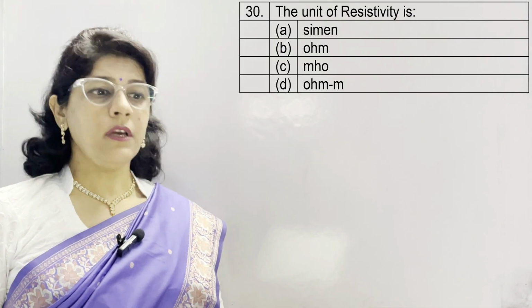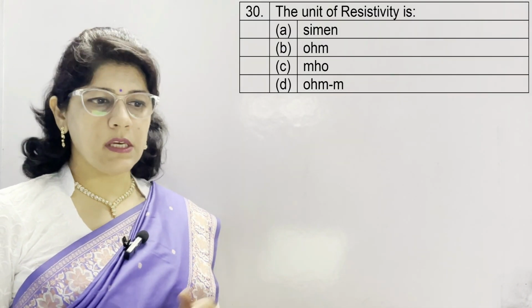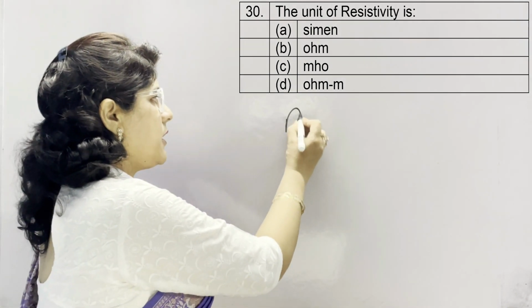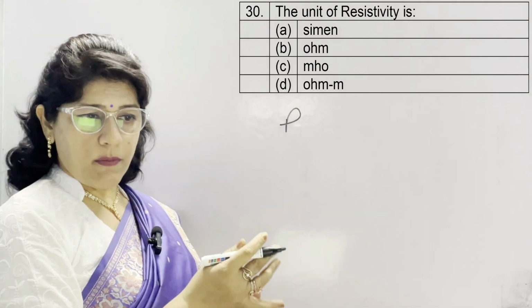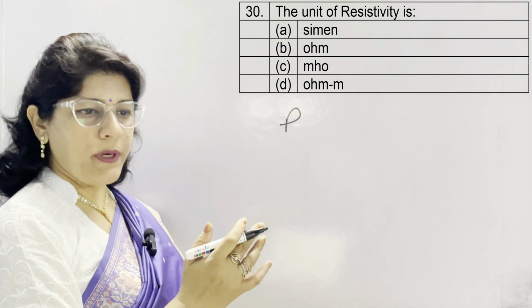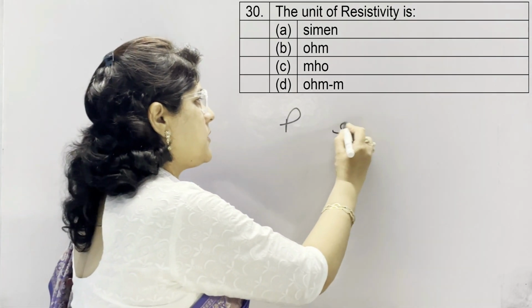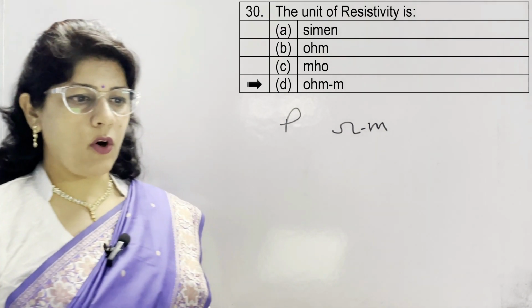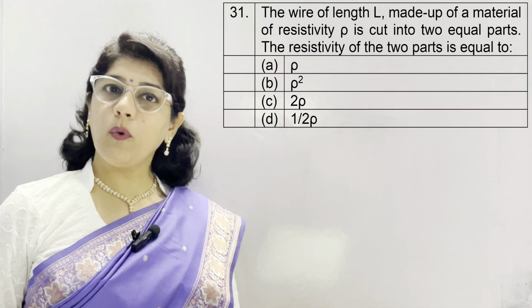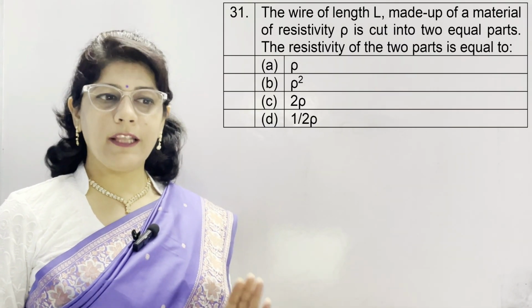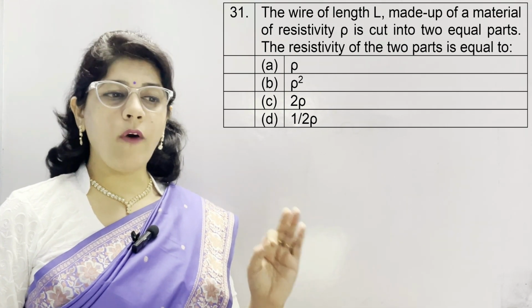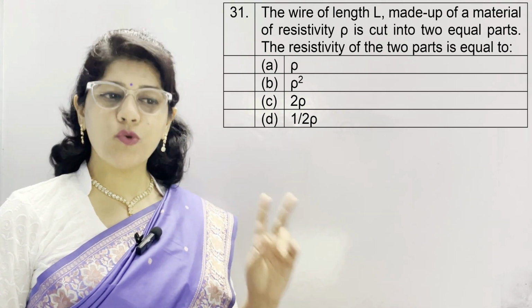In question number 30, the unit of resistivity is, it means this, unit is Siemens, ohm, mho or ohm meter. So unit of resistivity is ohm meter, which is our option number D. In question number 31, the wire of length L made up of a material of resistivity rho is cut into two equal parts.